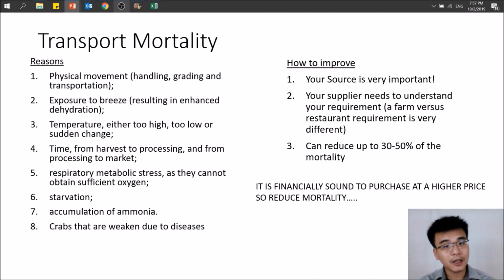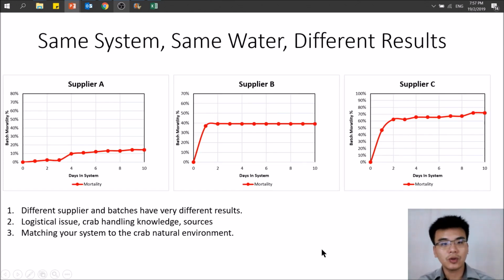Your suppliers, whether they are dealing with crablets or crab fattening or even trading, need to know that you are farming them and you're not holding them for only 2 to 3 days. You can reduce the mortality just by ensuring that the supply chain is robust enough, down to about 30% mortality. So I will show you our different supplier results.